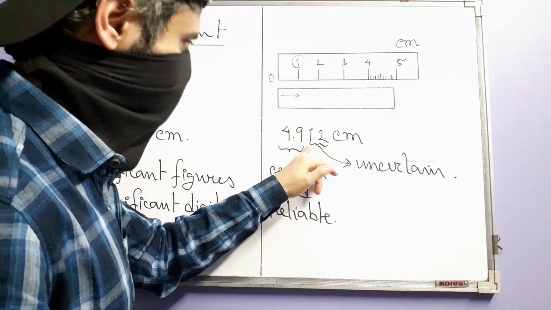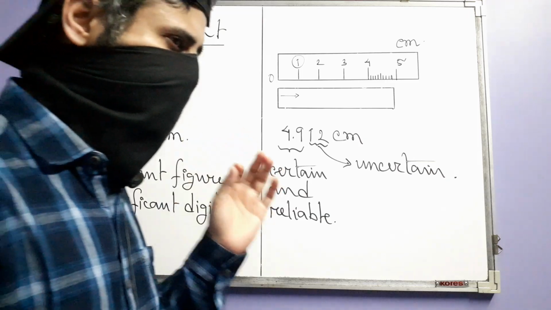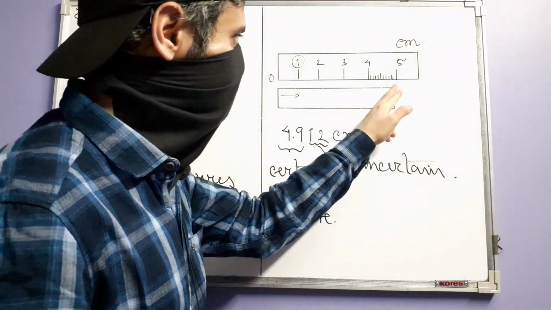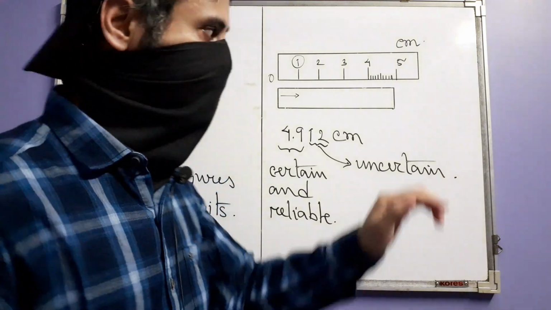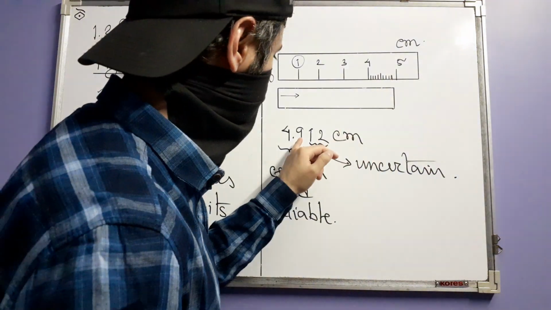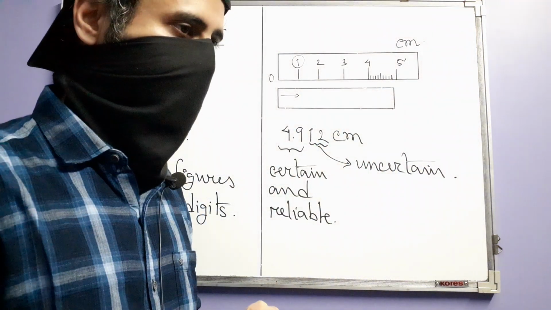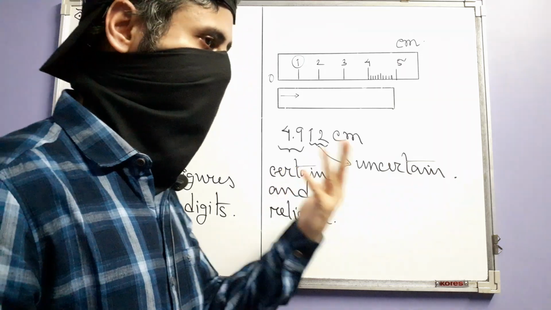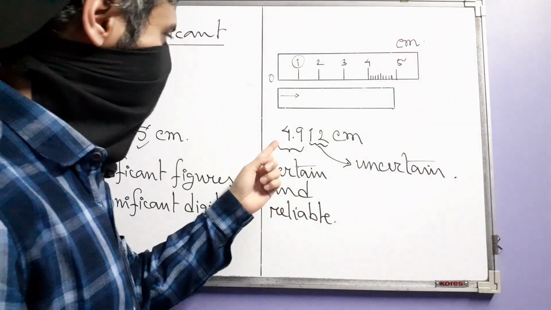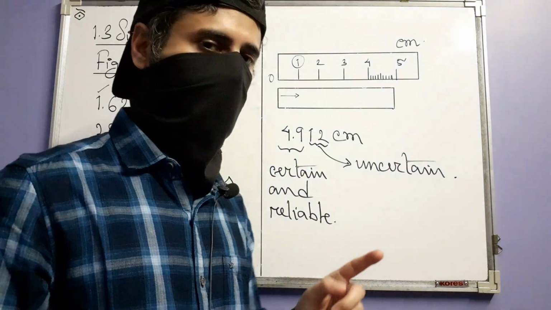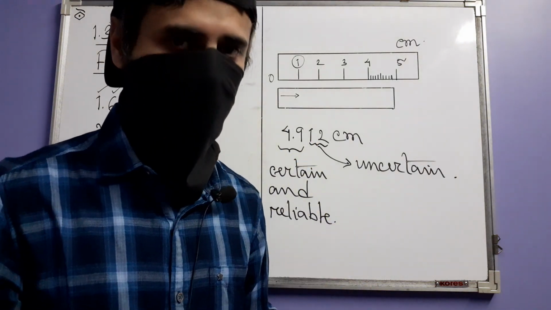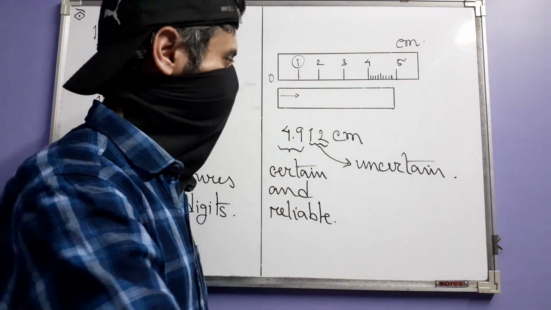Actually, I cannot also justify this 1, but for some reason, I feel that it should be 1. You won't necessarily feel that. You may feel that this should be 9.5. So here it becomes subjective. Unlike this 4 and 9, the other part becomes subjective. It depends on whoever is doing the measurement.